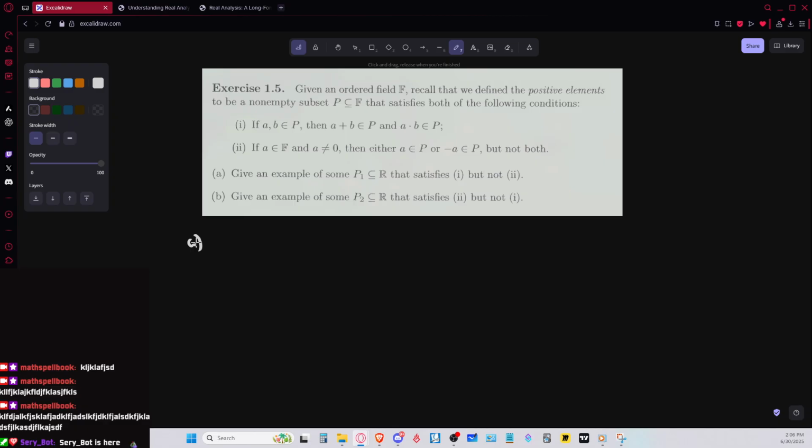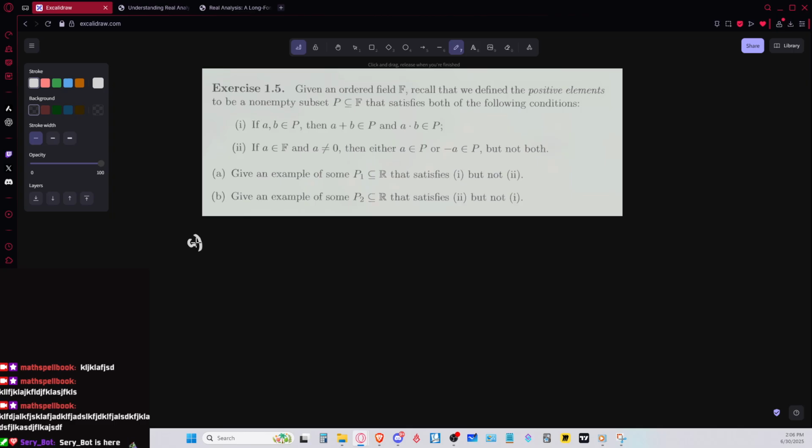One: if A and B are in P, then A plus B is in P, and A times B is in P. Two: if A is in F and A is not equal to 0, then either A is in P or negative A is in P, but not both.